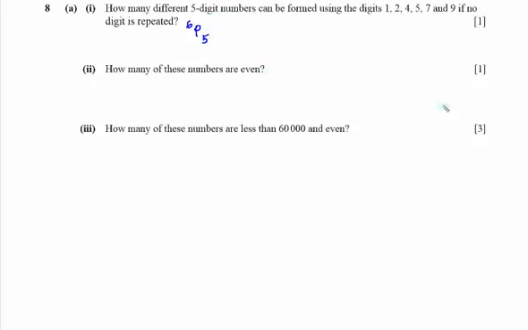Now let's look at this one. How many of these numbers are even? It's talking about even. So the number that determines whether it is an even or odd number will be the last digit. So we have to specifically look at the last digit.